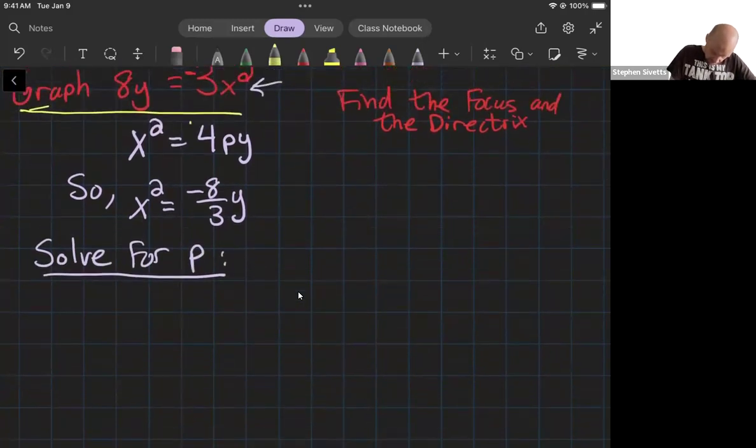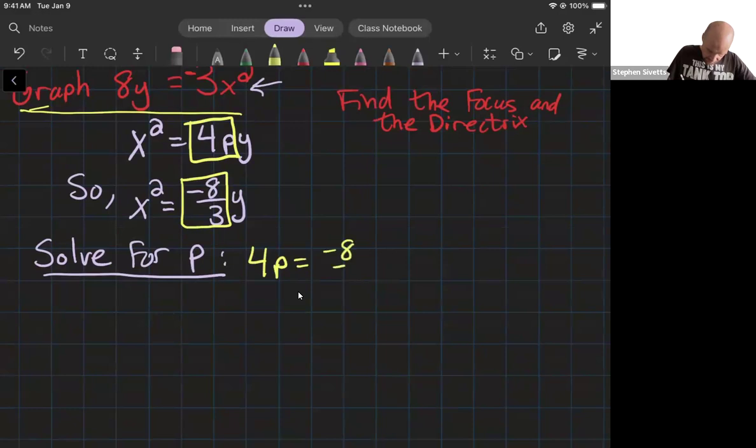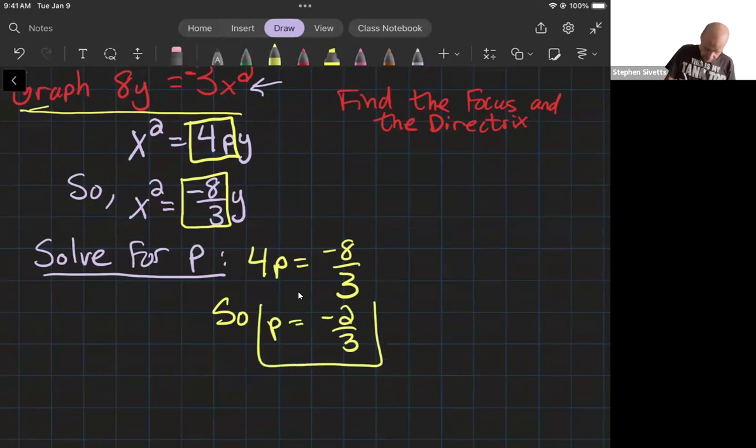So we want to solve for p, for which 4 times p is equal to -8/3, right? That was the coefficient on y, right? So p is equal to, I believe, -2/3, right? So p is equal to -2/3.